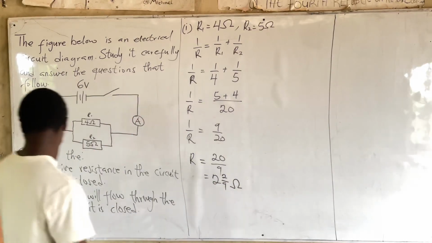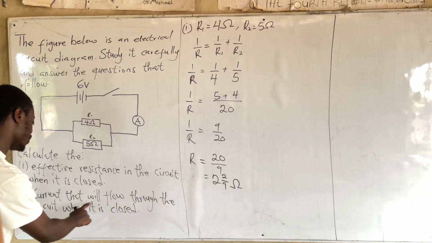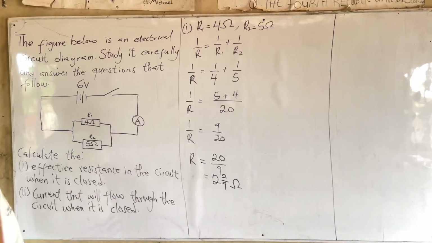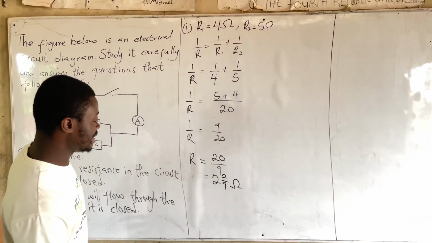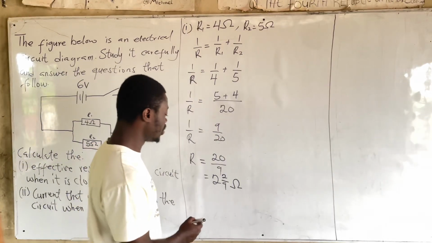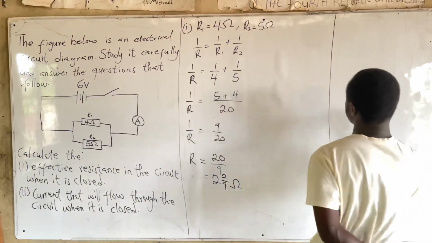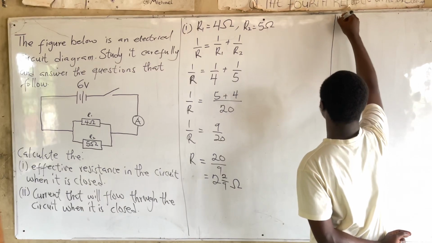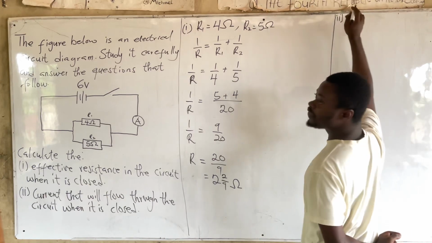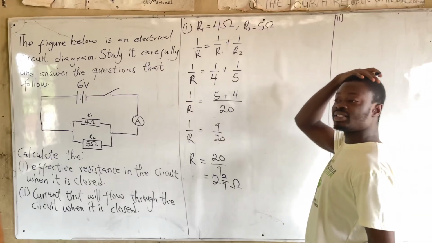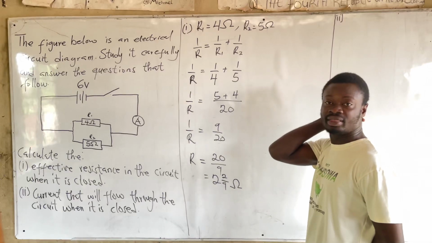Okay, now the current that will flow through the circuit when it is closed. So from Ohm's law, we know that voltage equals current times resistance.